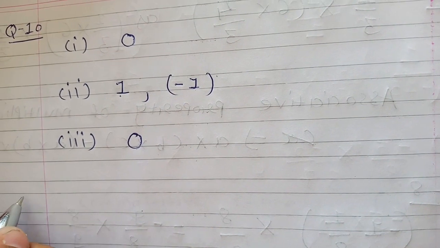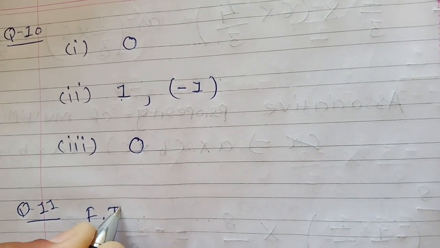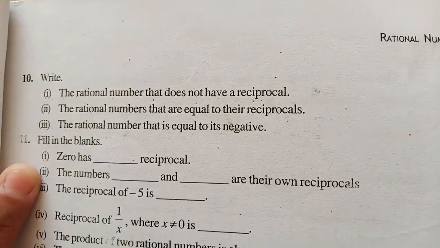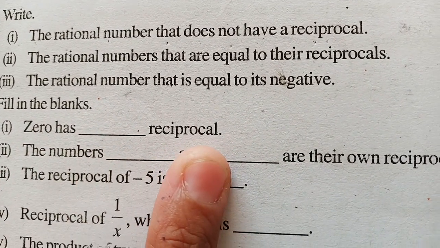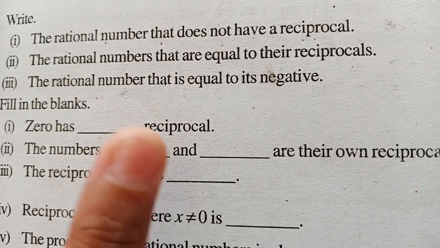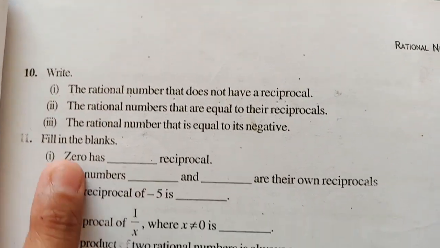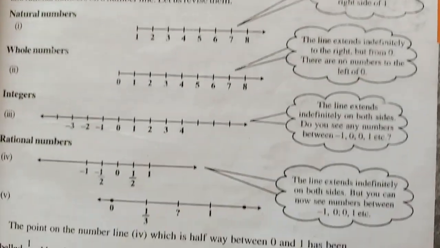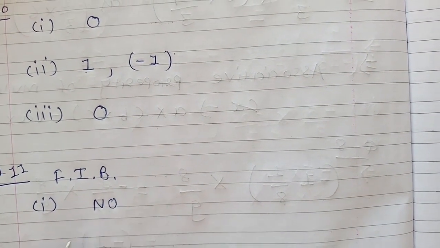Now after that, question number 11, in which you have to fill in the blanks. In the first blank, 0 has how many reciprocals? Is a reciprocal of 0 possible or not? We already learned that in question number 10, first part. So 0 has no reciprocal.